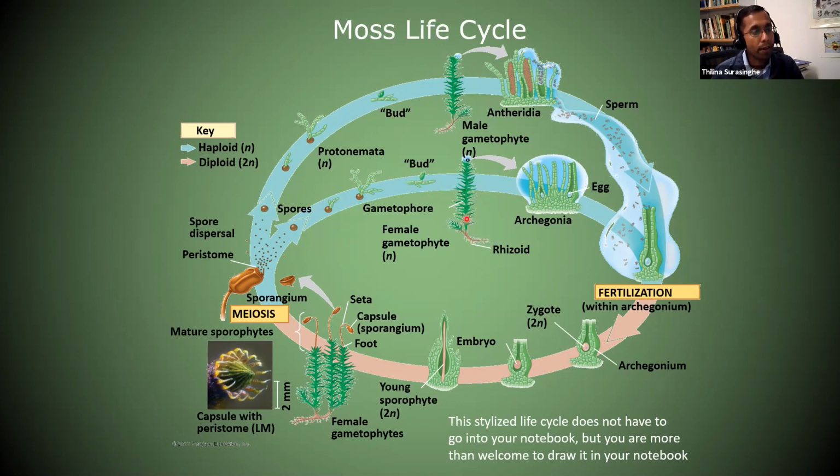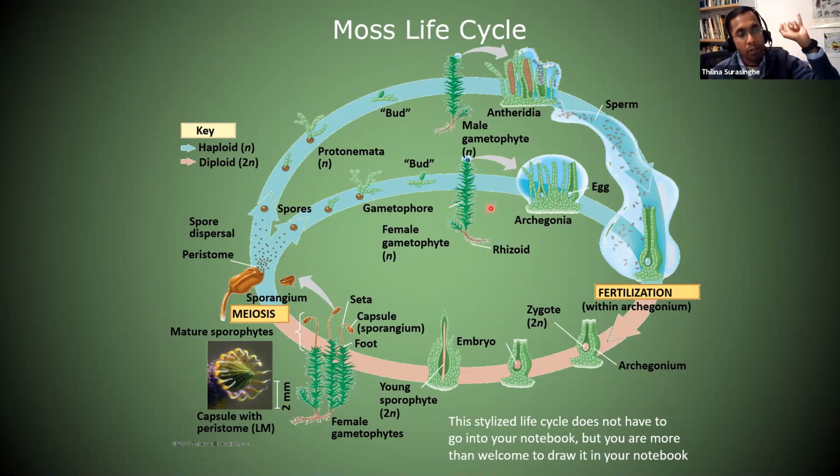So the female gametophytes produce archegonia right on the top over here. Archegonia is a reproductive unit. Archegonia actually has an egg, right? And that egg stays inside the archegonia. It does not leave the archegonia.